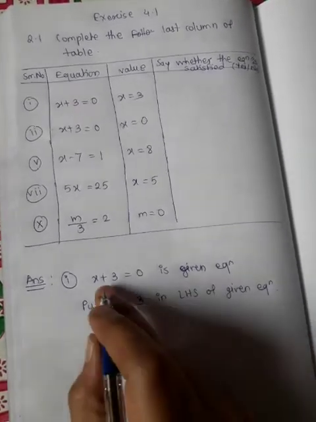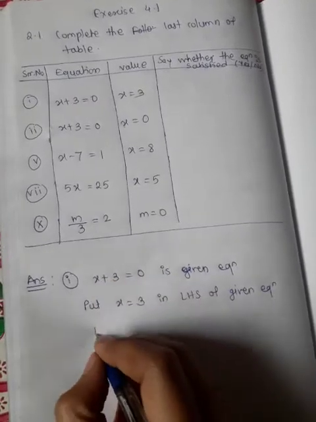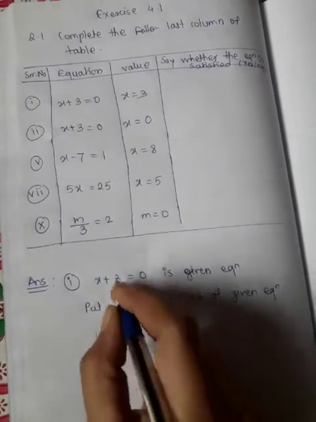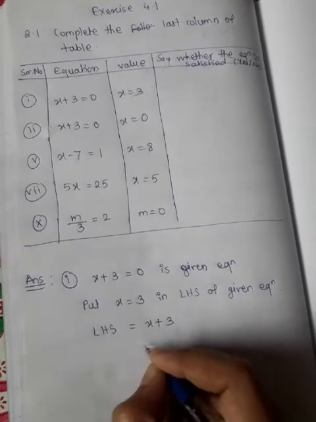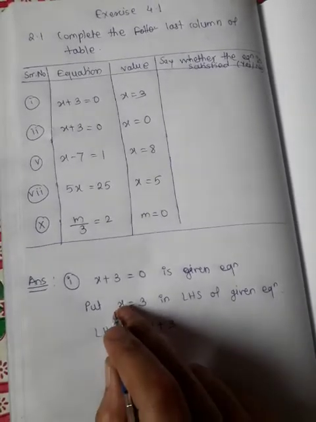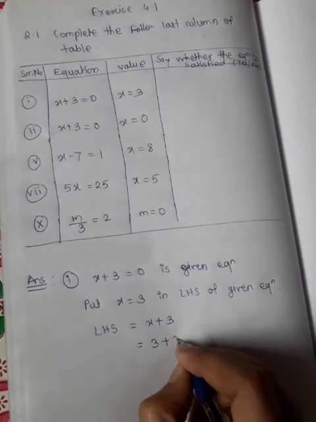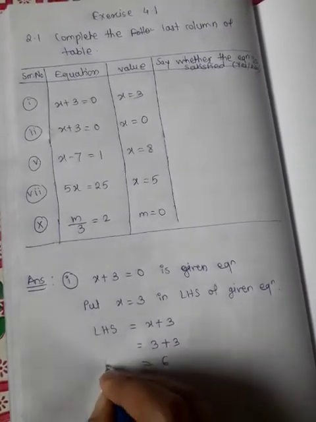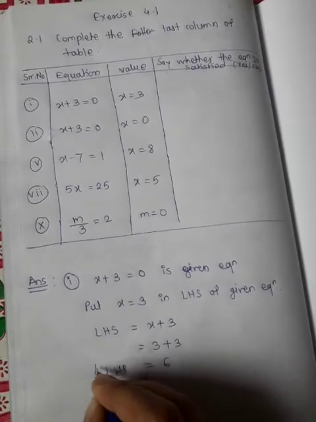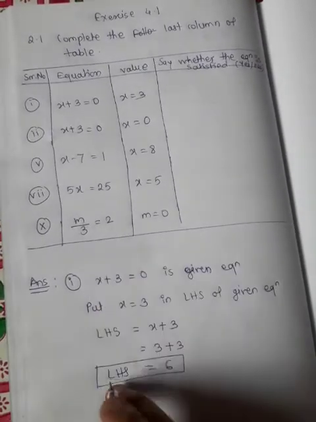What is the LHS of the given equation? LHS is x plus 3. Now put the value x is equal to 3 in the LHS. If we put the value of x as 3, then what will we get? We get 6. The value of LHS is 6.